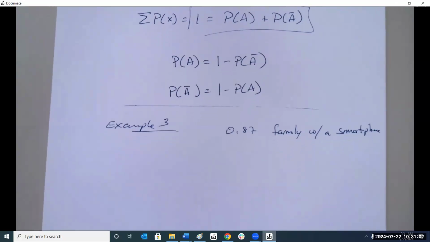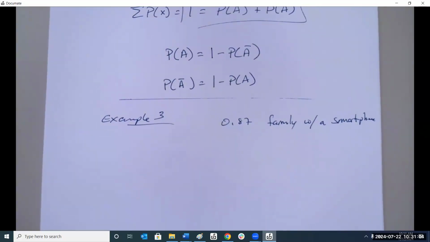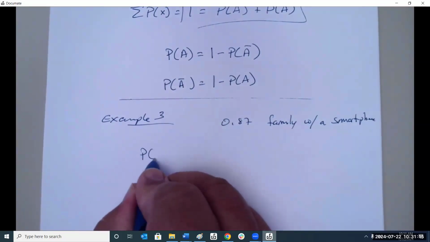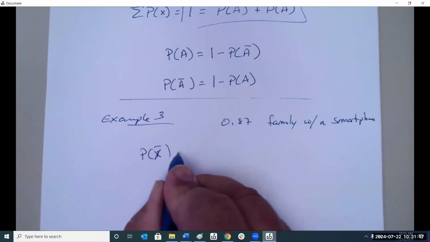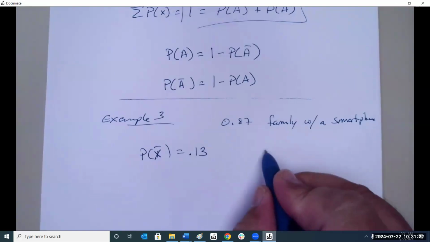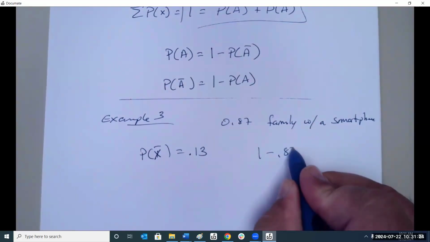What's the probability of picking a family that doesn't have a smartphone? 0.13. The probability of not getting a family with a smartphone is 0.13. Very good, because it's 1 minus 0.87.